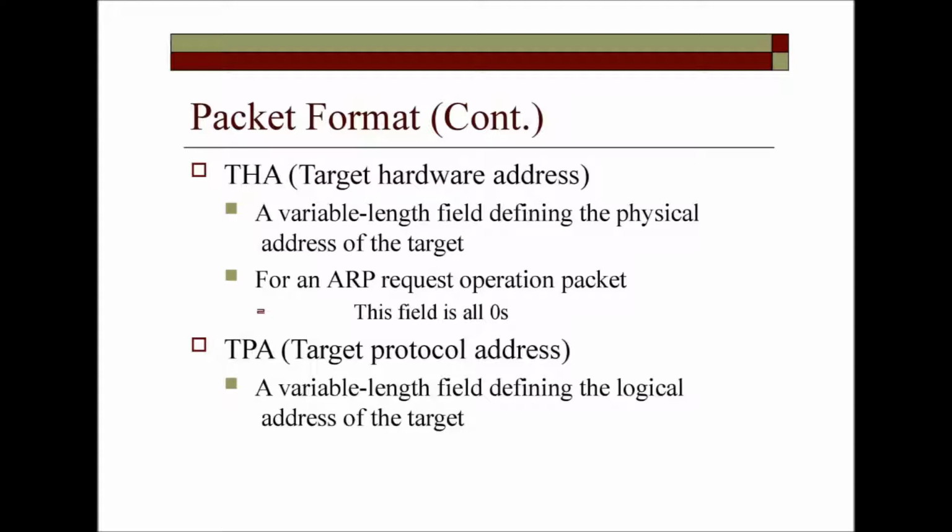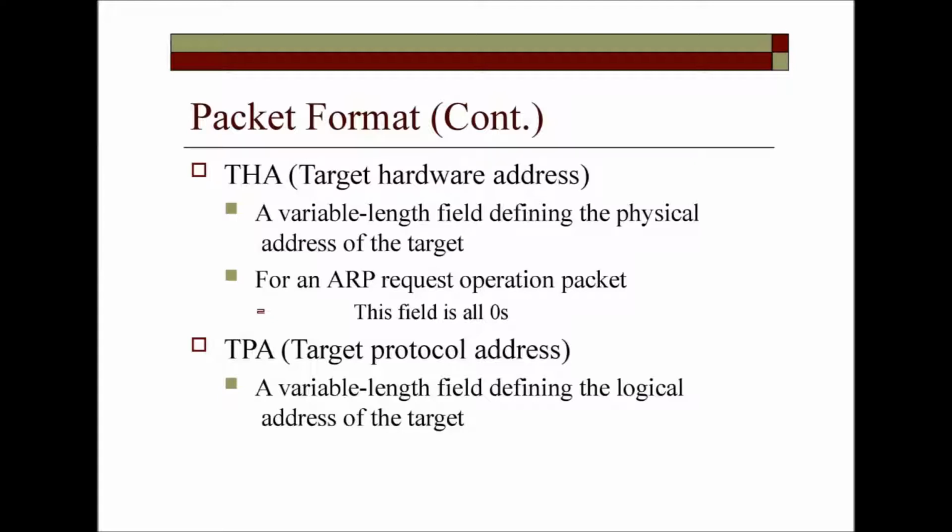So the THA field is for the physical address. For an ARP request packet, this field is all zeros, because when the request is forwarded, this specific field will contain all zeros.